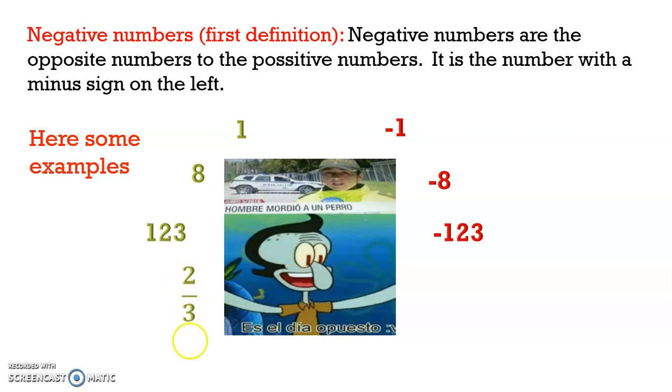So if I've got 2/3, the opposite of 2/3 is going to be the same number with a minus sign on the left. And we can work also with decimals. So if we've got 1.23, the opposite is going to be -1.23. So the opposite is just the same number with a minus sign on the left. Okay, and we can understand negative numbers in that way, as opposites of numbers.